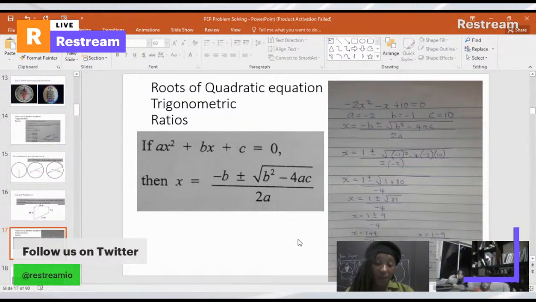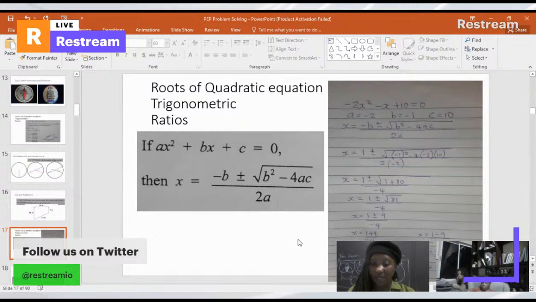It can cut it at one place, in which case we would have the exact same values for x. When we cover this formula by itself, we'll go more in depth into how the formula was derived. But for now, just take it for granted that that is the case.